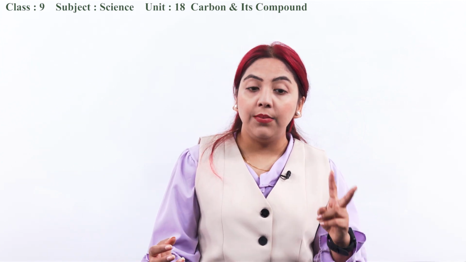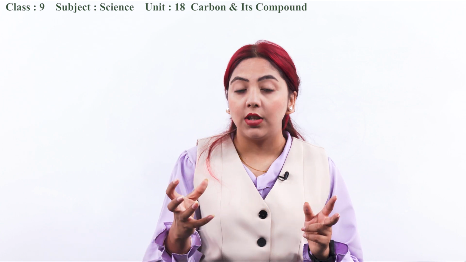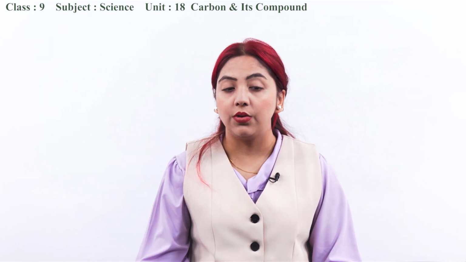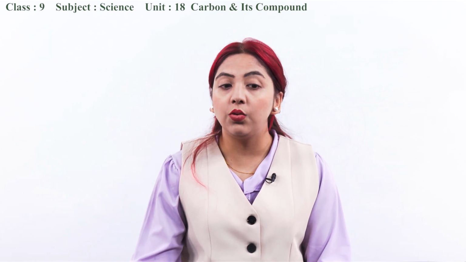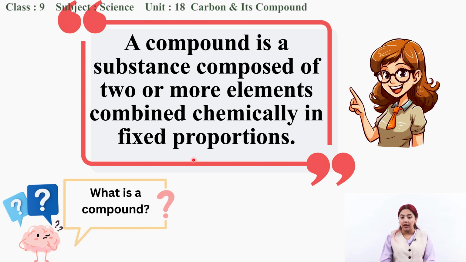So, the elemental property is changed when they form a compound. So, that's why we use the words combined chemically and in fixed proportion due to the law of constant composition. So, keeping all this in mind, we can define a compound as a substance that is composed of two or more elements combined chemically in fixed proportion.